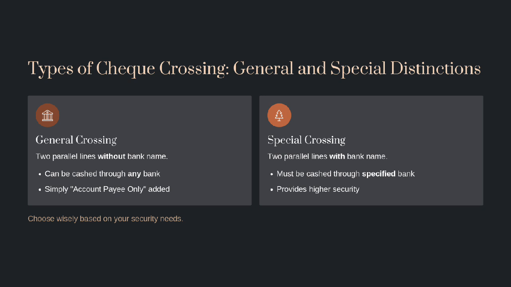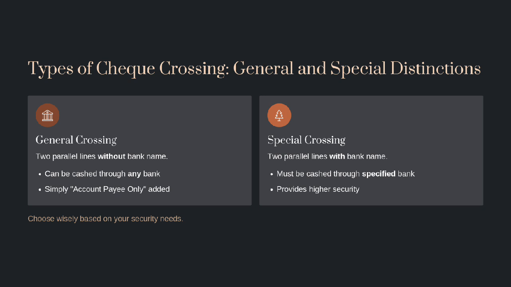According to Section 123, general crossing denotes two parallel lines marked across the check face. If the check has the abbreviation "NCO" between the two parallel lines, or is written "not negotiable", or comes with words such as "account payee", such checks are called general crossing.